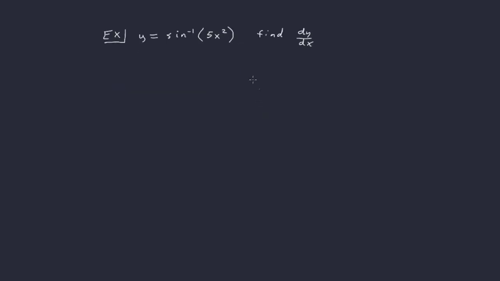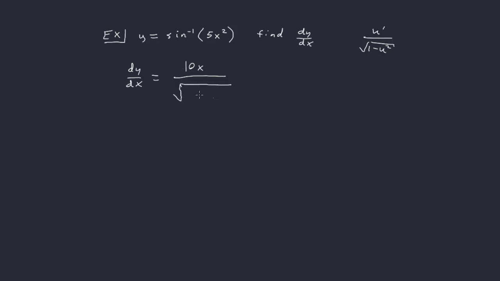Here we have y equals sine inverse of 5x squared, and we want to find the derivative. So dy/dx is just going to be a chain rule. We have sine inverse of stuff, so it'll be the derivative of the stuff, which is 10x, all over. And remember the pattern for sine inverse, let me write it over here. If you write it every time, it'll be much easier to memorize. In fact, you probably won't even have to. It'll just sit in your brain.